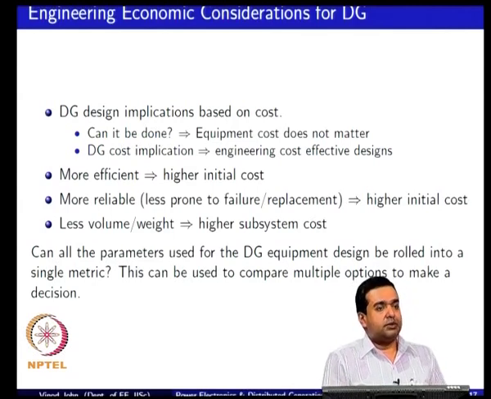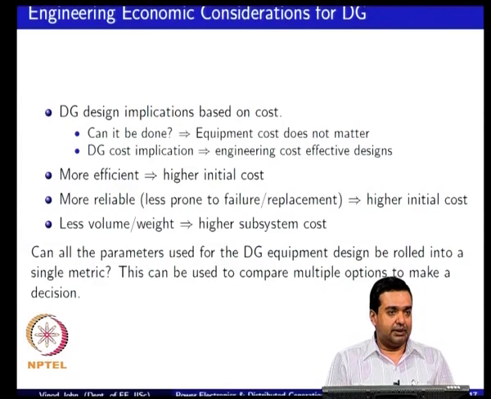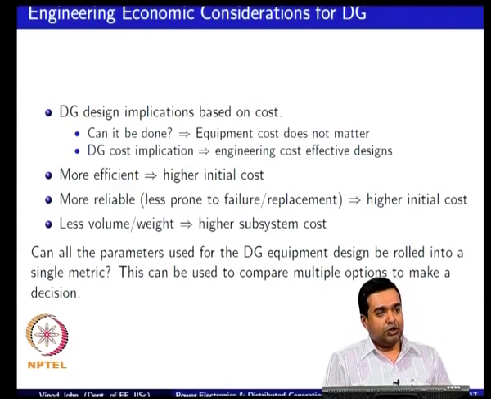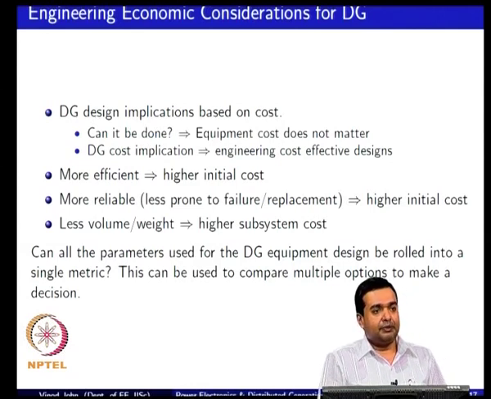The higher temperature would lead to poorer reliability, which would mean a higher failure rate and shorter mean times between repair, etc. So, if you want to improve reliability, you would go in for thicker wire, which means that you are paying a higher cost.